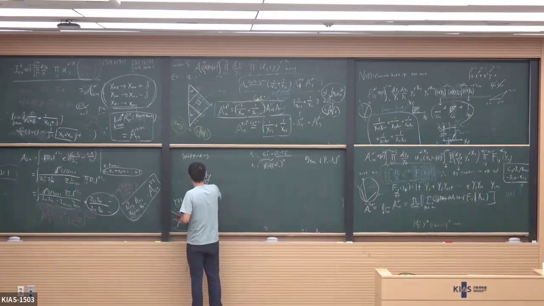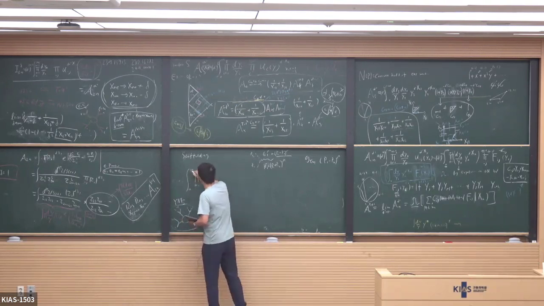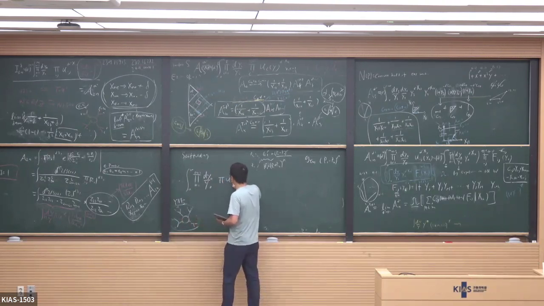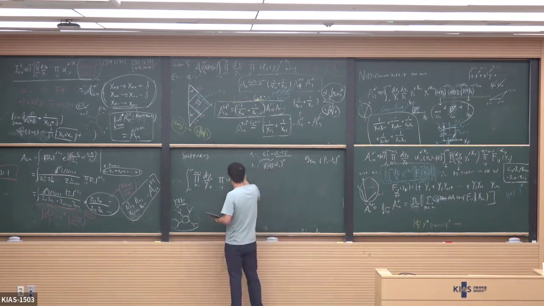In other words, I'm writing down this formula again. For 2n point, I have my dy over y, I have my 2n minus 3 dy over y integral. I have my product of u_ij raised to alpha prime X_ij. And I have my shifted thing like u_even divided by u_odd.